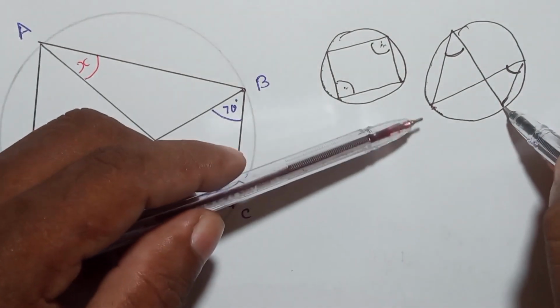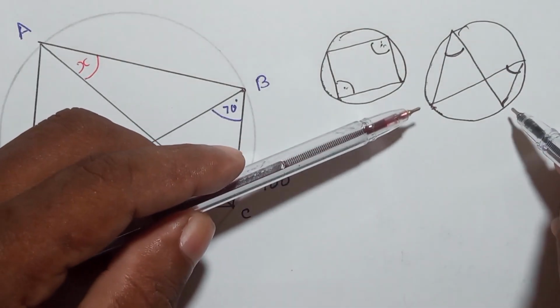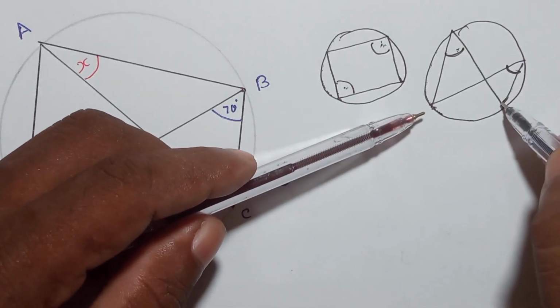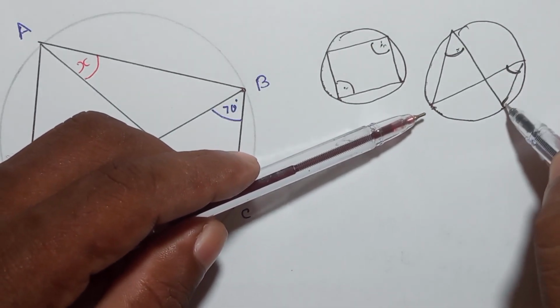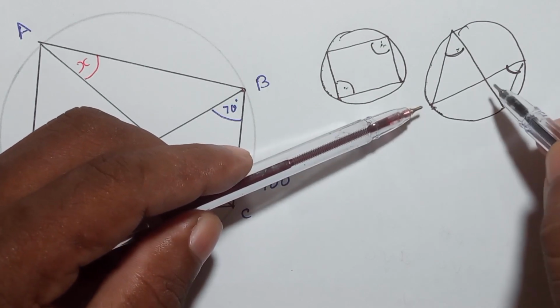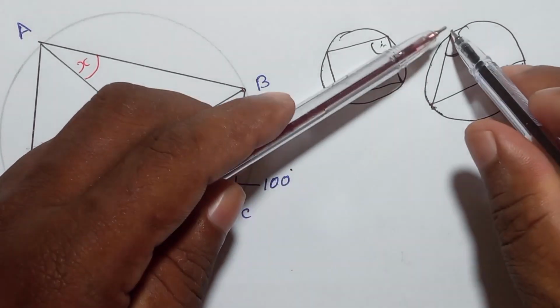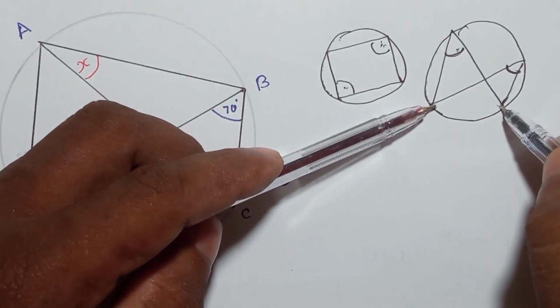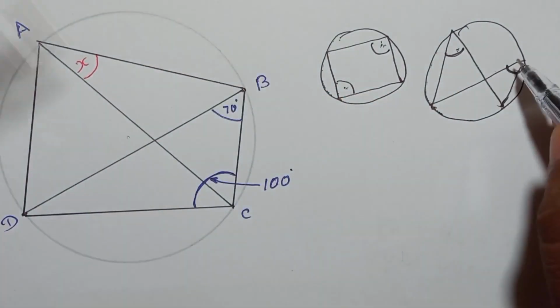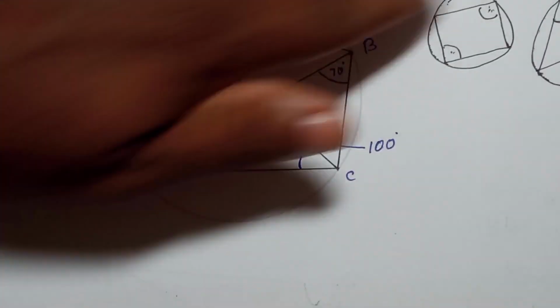You need to consider whether these two angles start from the same 2 points. So these two are equal. Okay, now let's apply that.